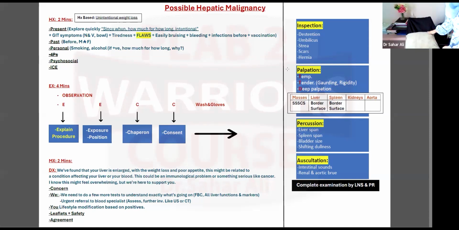Okay? So you start in a zigzag shape from here, then here, and then here. In a zigzag manner. Either from the lower left or from the lower right, whatever you want, but in a zigzag manner. Okay? I will start from the right, left, so I will have a light feel on your abdomen.